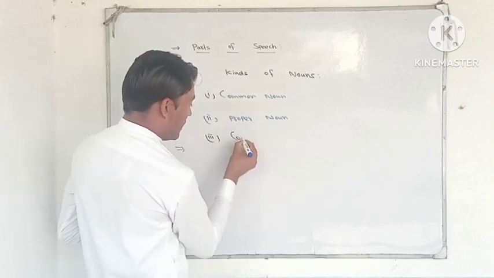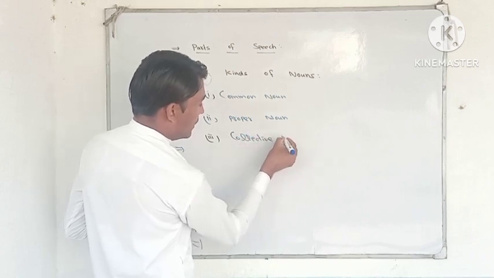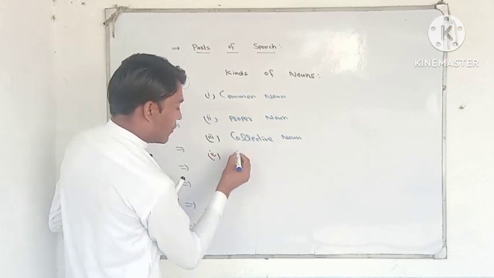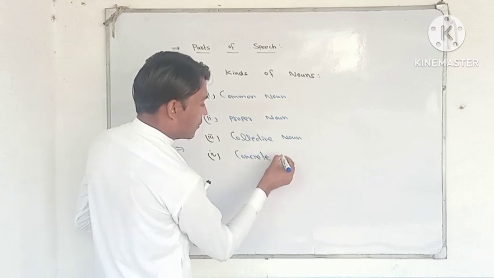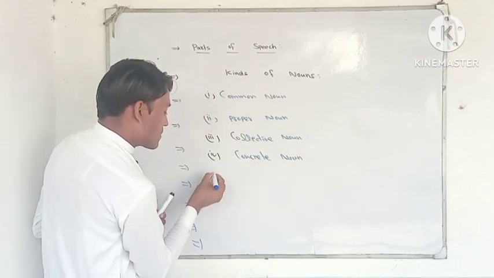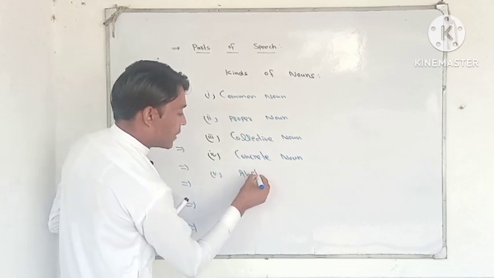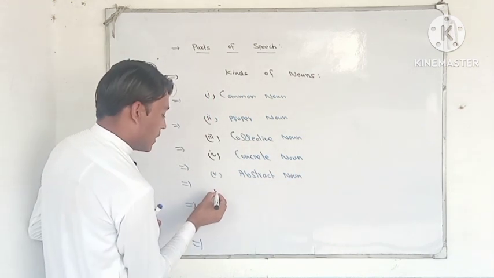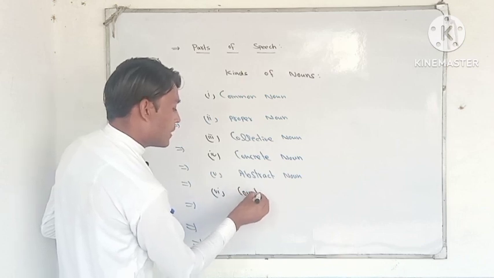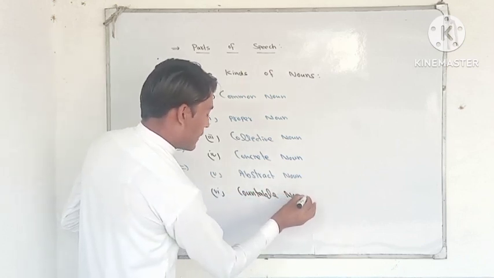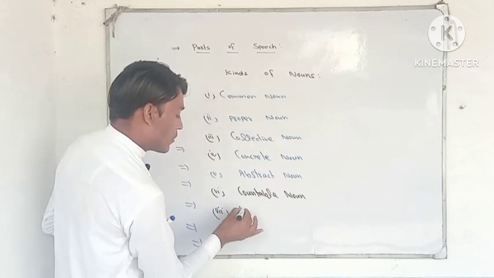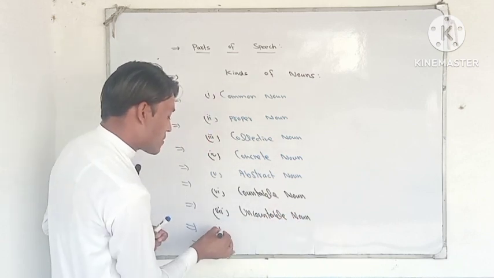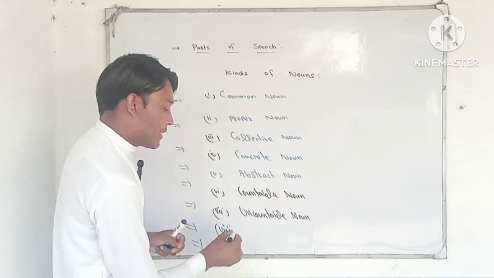The fourth is the concrete noun. The fifth is the abstract noun. Number six is the countable noun. Number seven is the uncountable noun. And the next is the material noun.